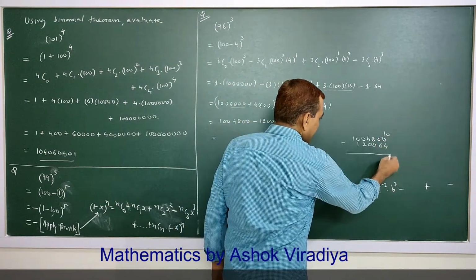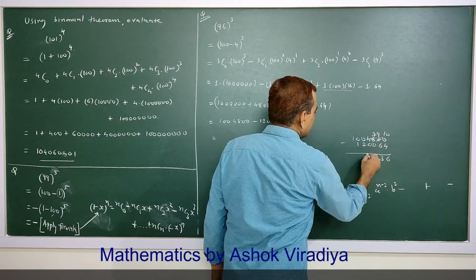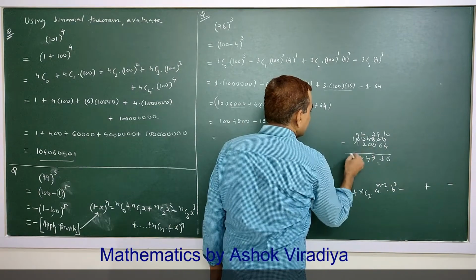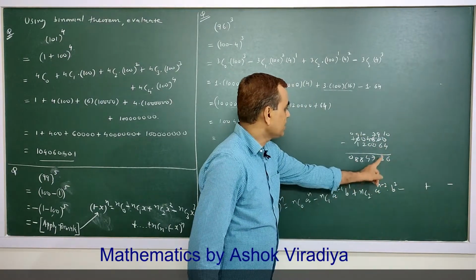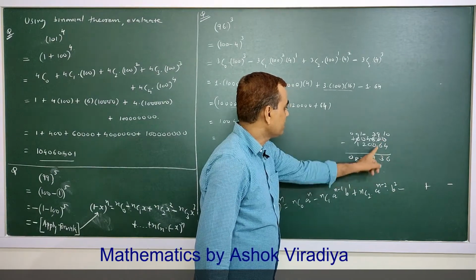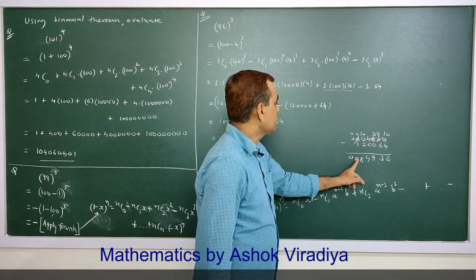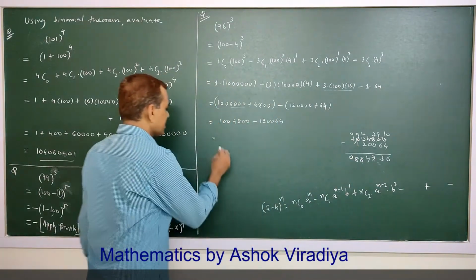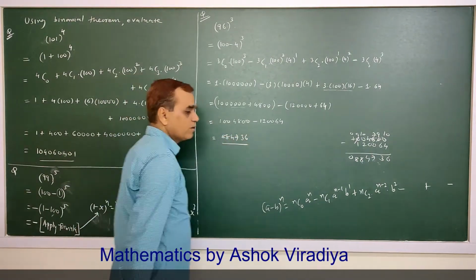Here 10 minus 4 is 6, 9 minus 6 is 3, here 7, here 8, here 9 minus 1 is 8, here 0. Okay, 884736. 884736. This is the required value.